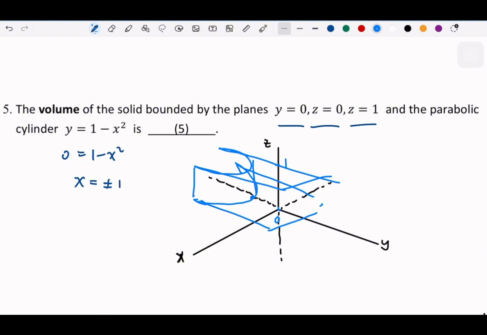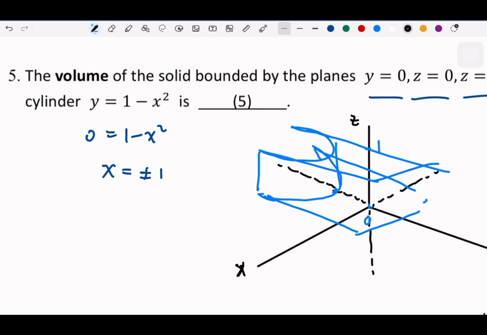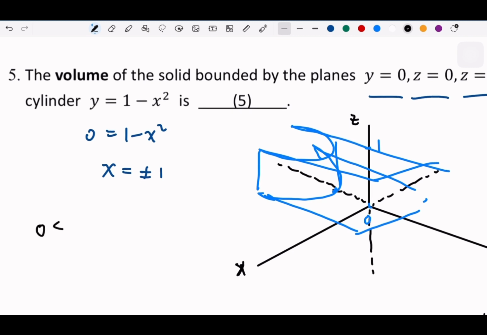But since they are on the exact planes y equals 0, z equals 0, and z equals 1, and our concern is only the cylinder y equals 1 minus x squared, y will be from 0 to 1 minus x squared, okay? So I will take this y as our function of two variables.